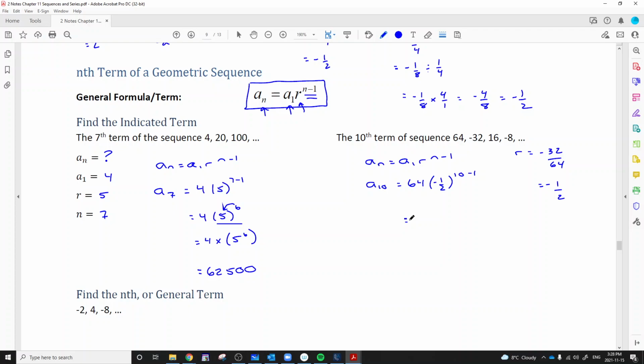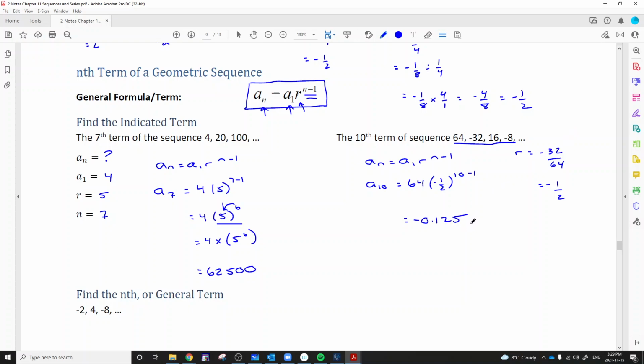So 64 times bracket -1 divided by 2 bracket to the exponent 9. Whew, that was tricky. So I get -0.125. Now, there's nothing in this sequence that says I should give fractional answers, so -0.125 is a fine answer.